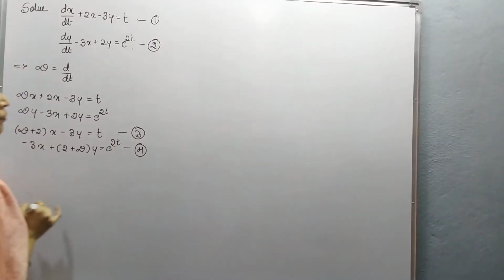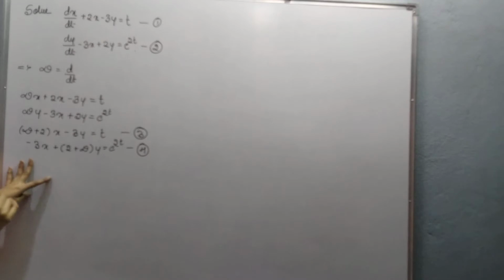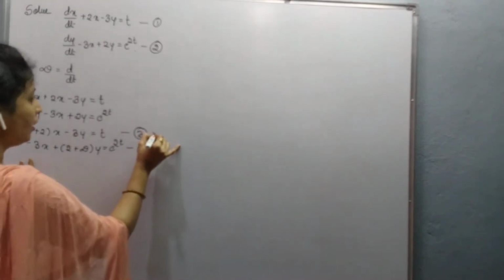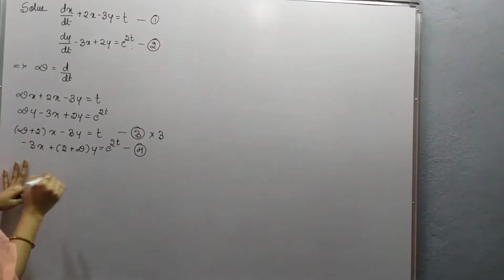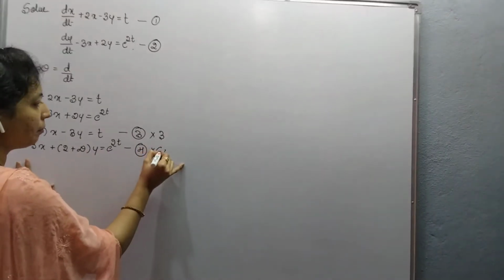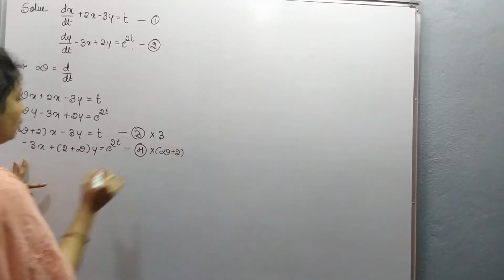Call the first equation 3 and the second equation 4. To eliminate the x term, we multiply equation 3 by 3 and equation 4 by (D + 2).